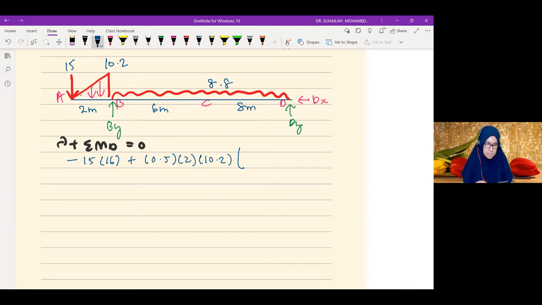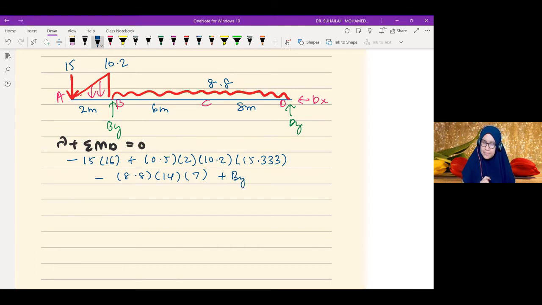Then the UDL is minus as well: minus 8.8 times 14 times 14 divided by 2, that is 7.